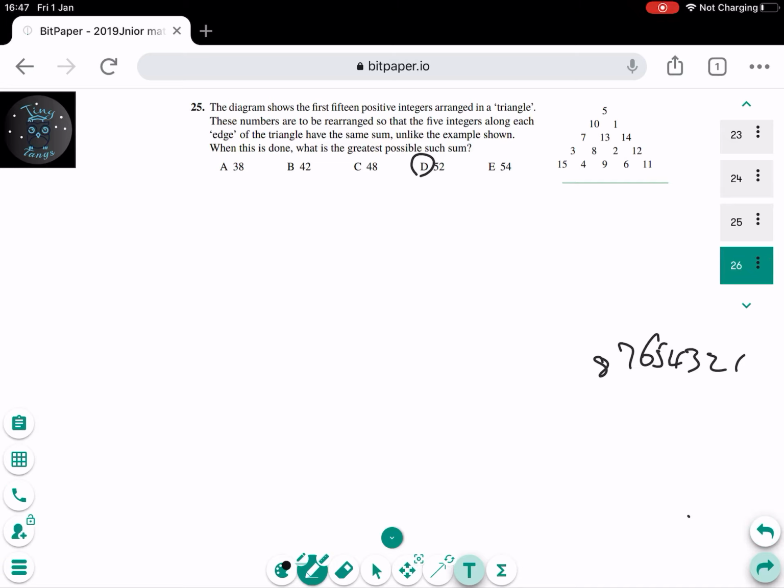For the last question in this paper, because we want the edges to become the biggest number we can find, let me just draw these places.